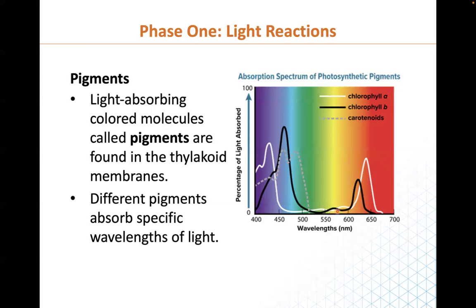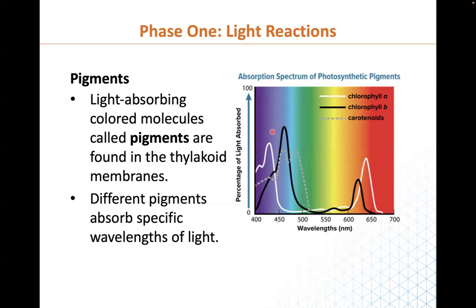It remains down until it goes up again at the carrot coloration. Then chlorophyll B also does the same thing. It absorbs a lot of the purple light, and once it gets to the green section, it drops down. The meaning is they refuse to absorb the green light.